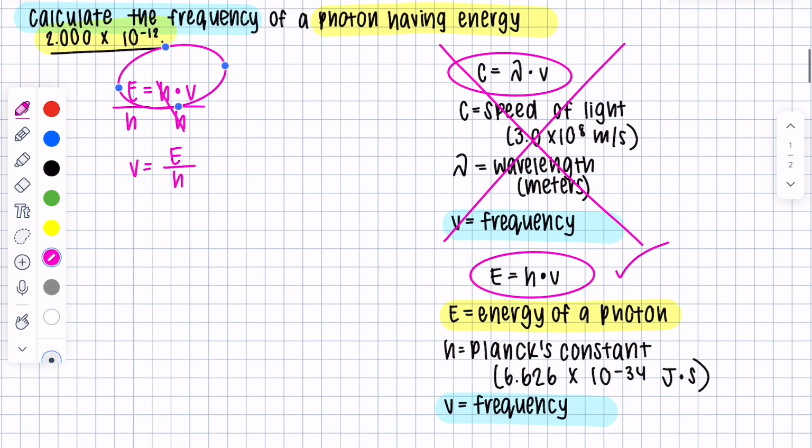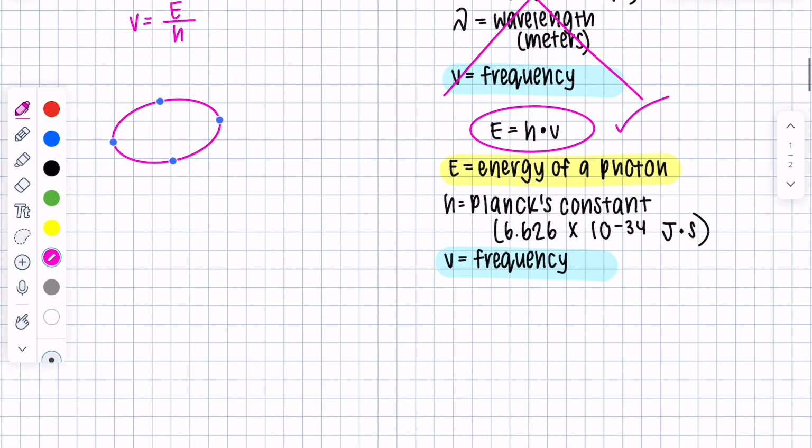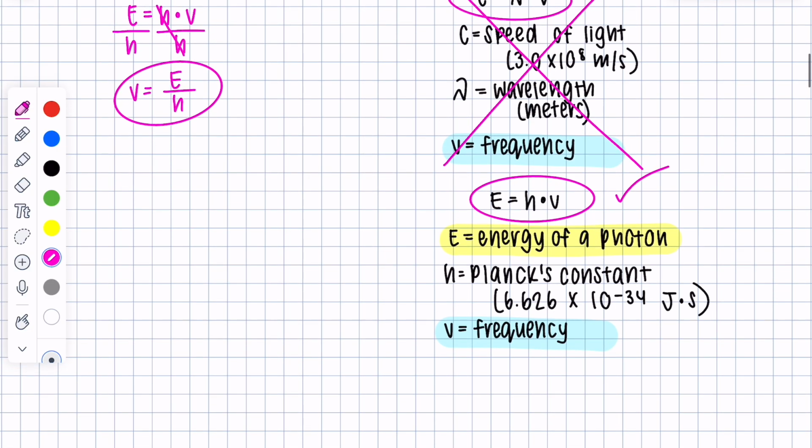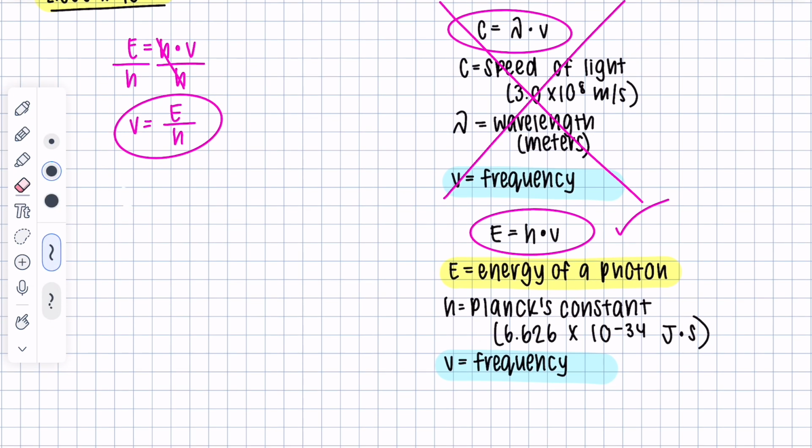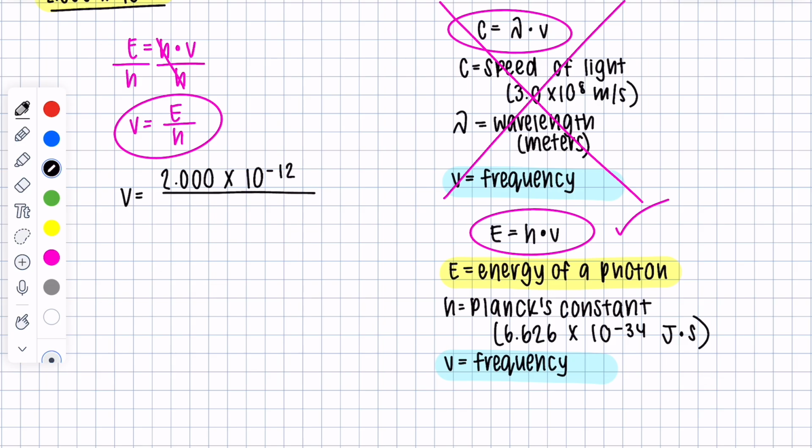Now this equation is going to be much easier to solve since we already have our variable isolated. So let's go ahead and plug in the numbers. v is equal to the energy of a photon, which has been given to us as 2.000 times 10 to the negative 12. And energy is always measured in joules, so I'm going to put that symbol there.